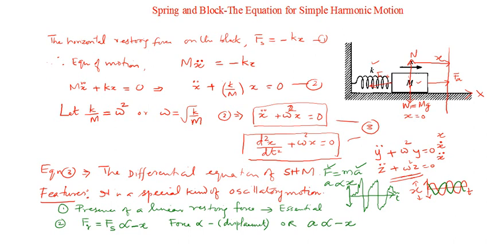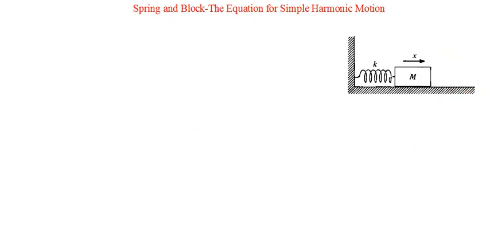And we have seen this differential equation. I think you have learned in your lower classes, like +2 classes, how to solve a differential equation. So the differential equation of SHM along the x direction is given by d square x by dt square plus omega square x equal to 0.